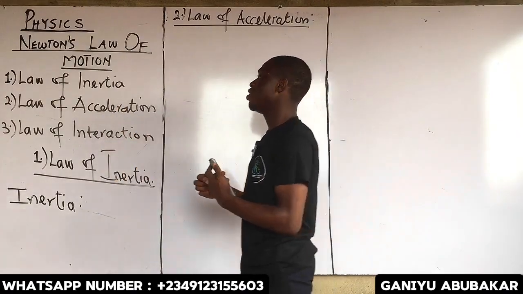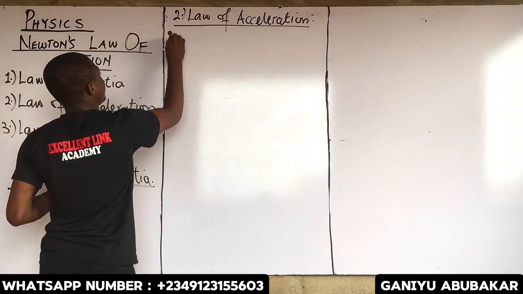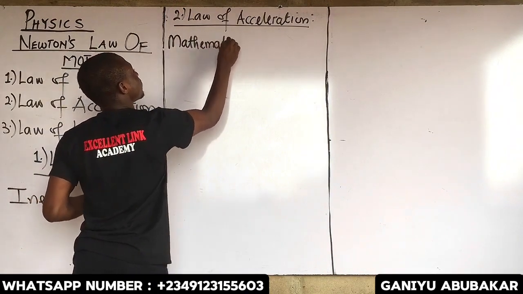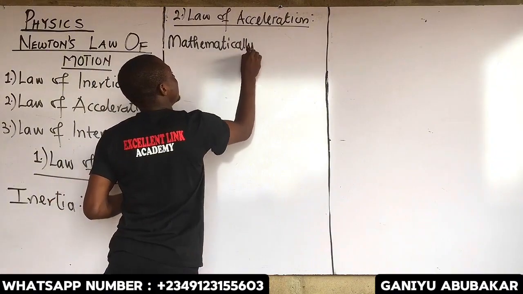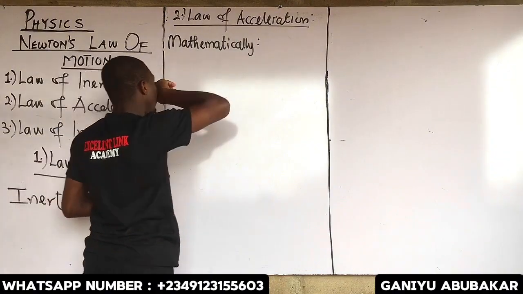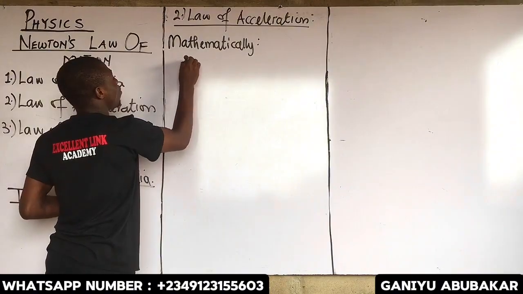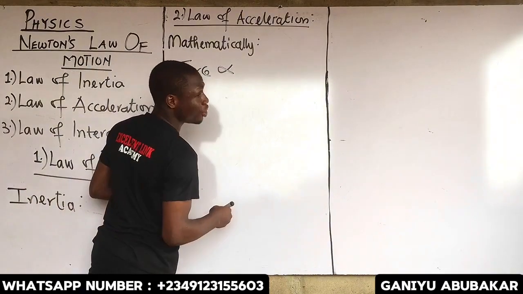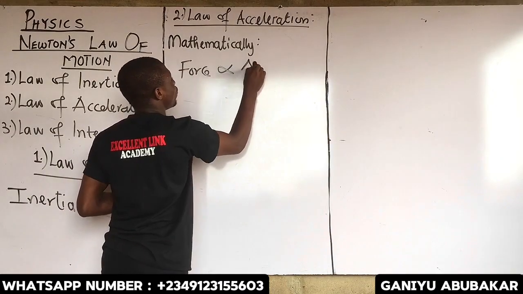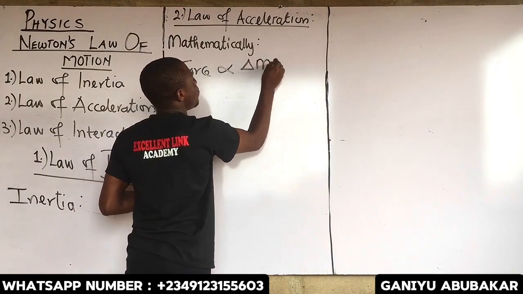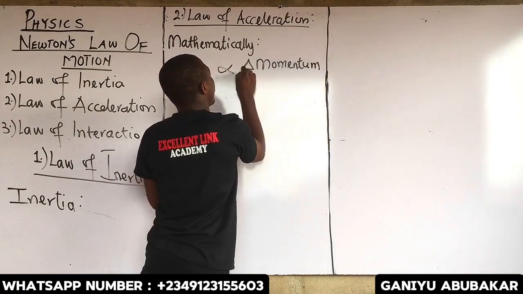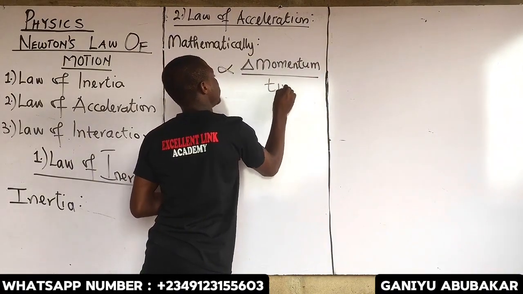When it comes to Newton's second law of motion, there's a mathematical expression for it. Mathematically, force is proportional to the rate of change of momentum, that is, momentum over time.